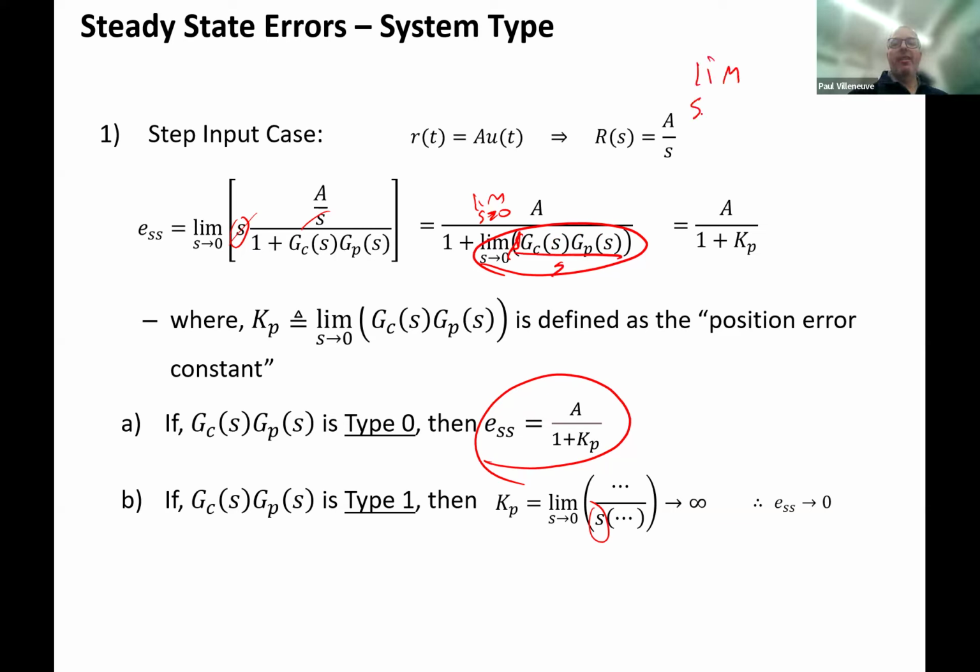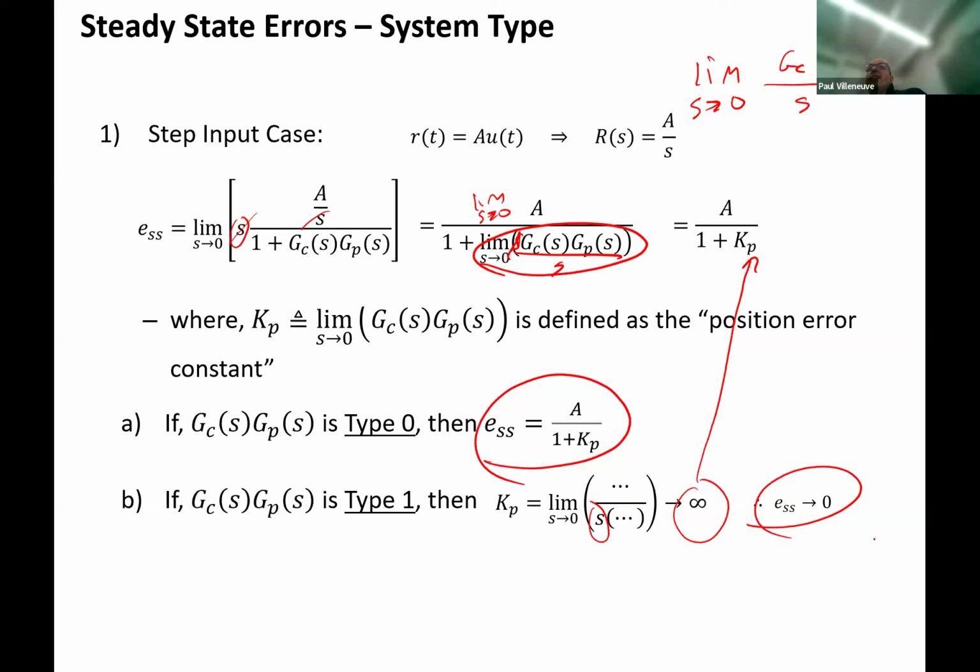Let me pull that out so you can see. And I have my s term that I've had for the integrator. Doesn't this equal infinity? You plug in s equals 0, something over 0 is going to be equal to infinity. So my K sub P term becomes infinity. When I stuff that into here, A over 1 plus infinity is equal to A over infinity, which means my steady state error goes to 0.